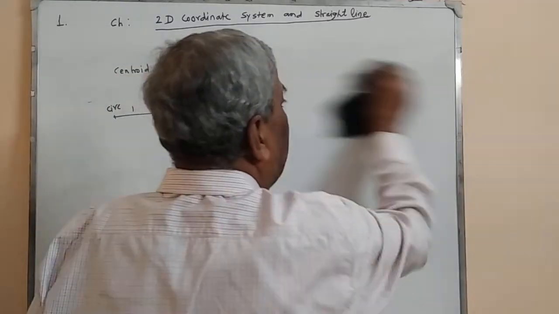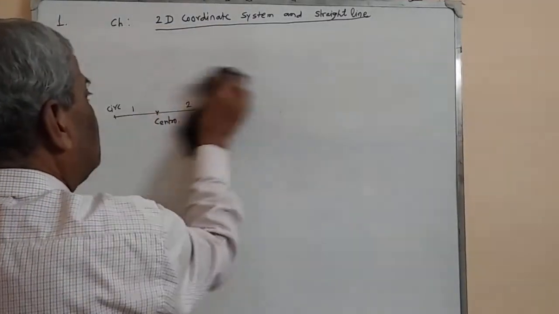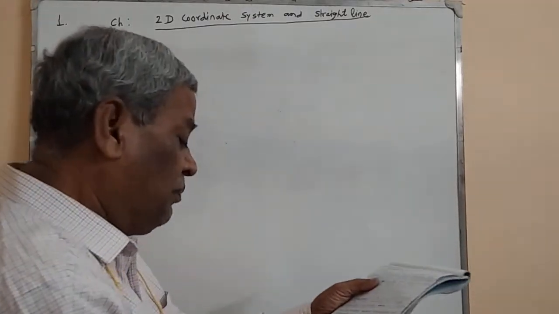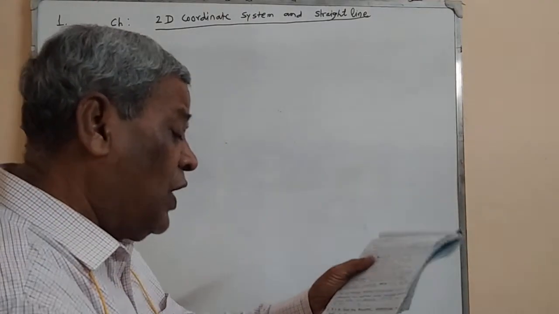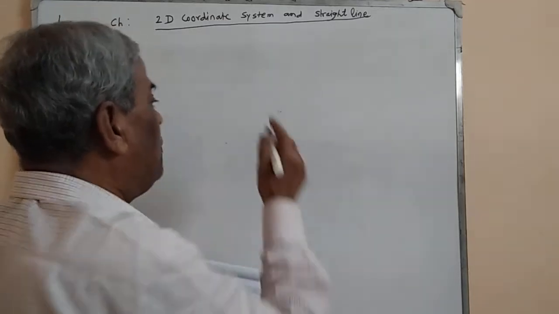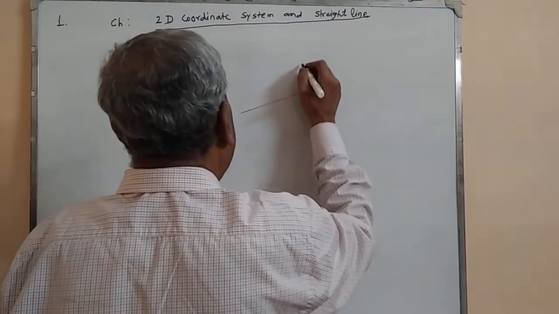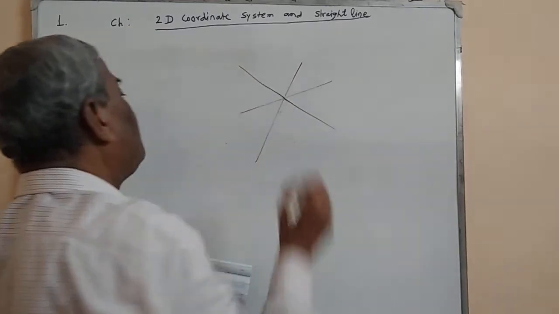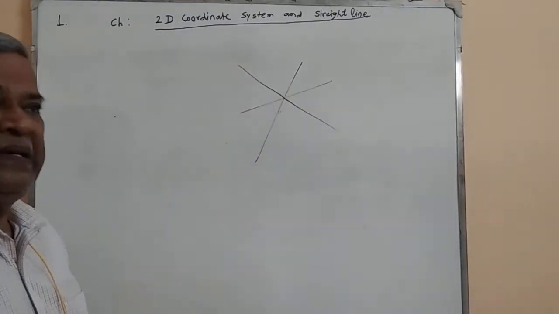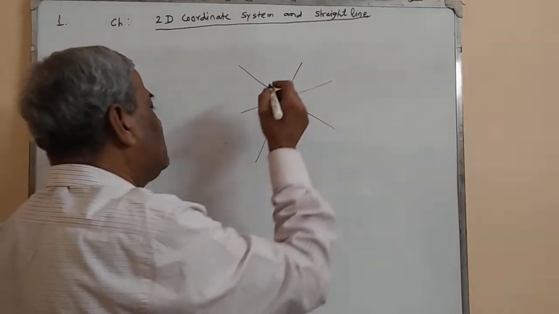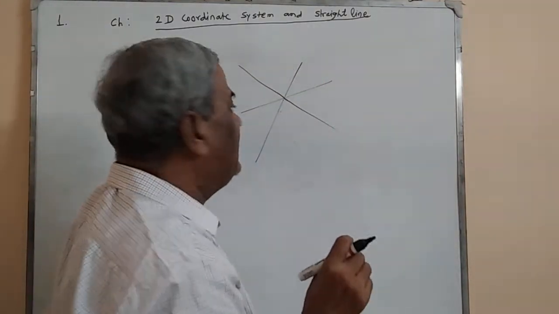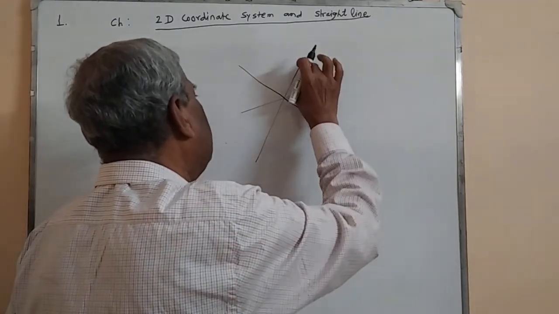So one more point I will discuss, that is, if three straight lines are concurrent, suppose these three straight lines are concurrent, there is a property. Concurrent means we can find it very easily by solving this and that.